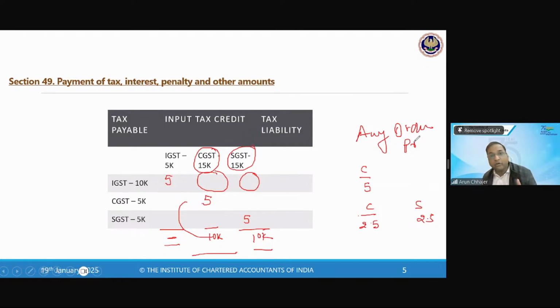Which liability are we talking about? We are talking about IGST का liability. From which are we talking about taking the ITC? We are talking about taking the ITC from C and S. ये ध्यान रखना, जब CS का ITC I को जाता है और I का ITC CS को जाता है, यहां पे रूल चेंज हो जाएगा.